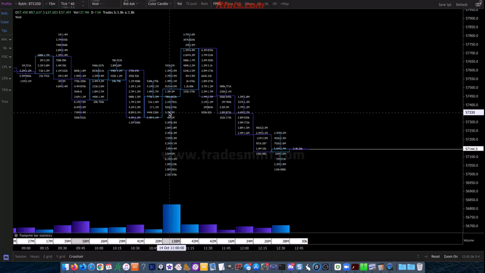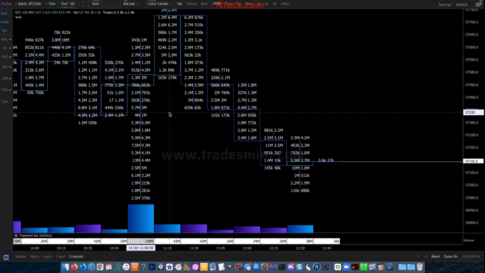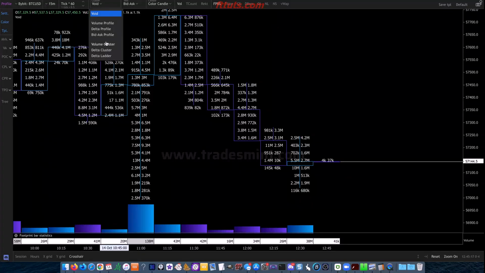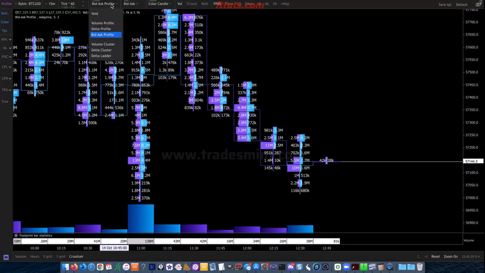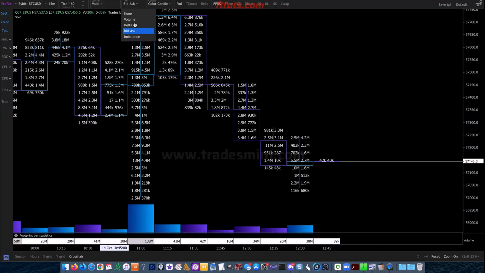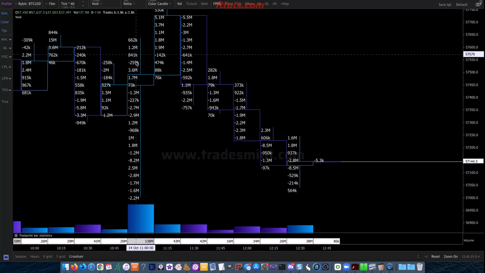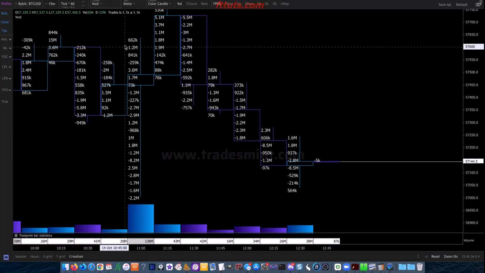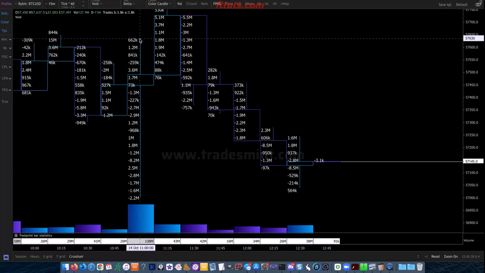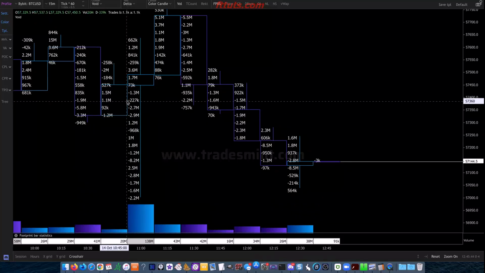Right here, at the price of 57330, we can see that we have 5.7 million sells and 3 million buys. If we come back to the delta, we can see that we have a negative 2.7 million delta, which basically means there is much more selling than there is buying.